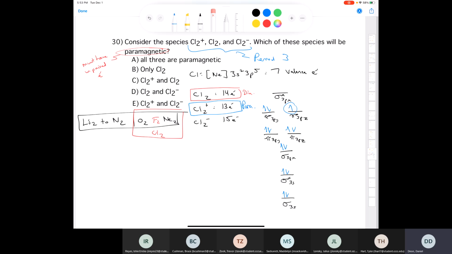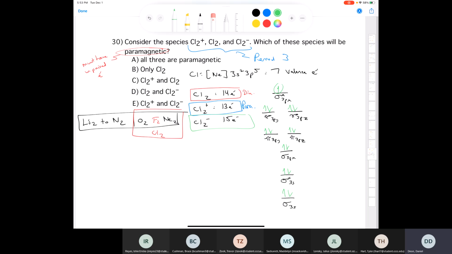If I do the Cl2 minus, try again. I'm going to erase everything here. Let's put them in: 1, 2, 3, 4, 5, 6, 8, 9, 10, 11, 12, 13, 14, 15.